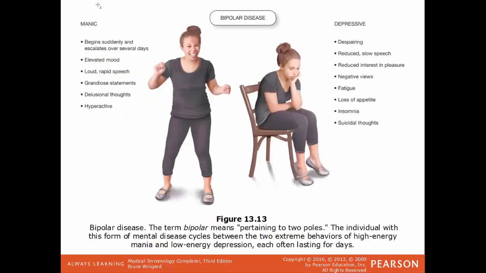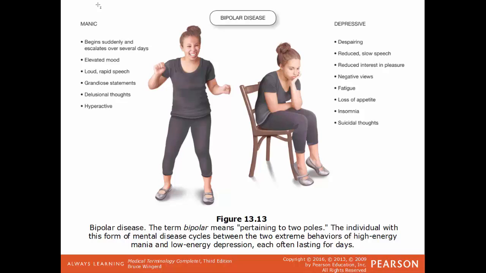Alright, in this image we have an example of someone with bipolar disease. You see the two extremes here, the manic, where someone's really, really happy, and the depressive side, where they're really, really down and depressed. When someone's manic, very elevated mood, loud, rapid speech, hyperactive, delusional thoughts, really over-the-top excited, over-the-top happy.